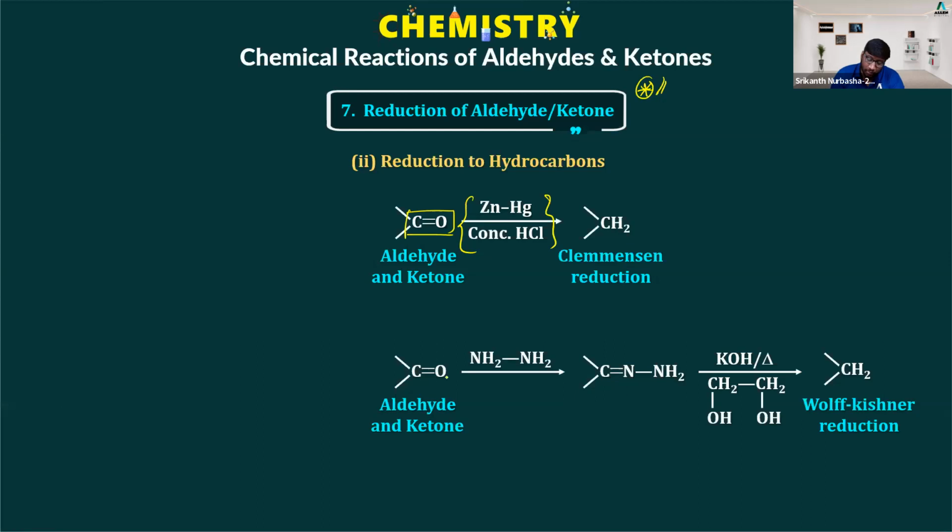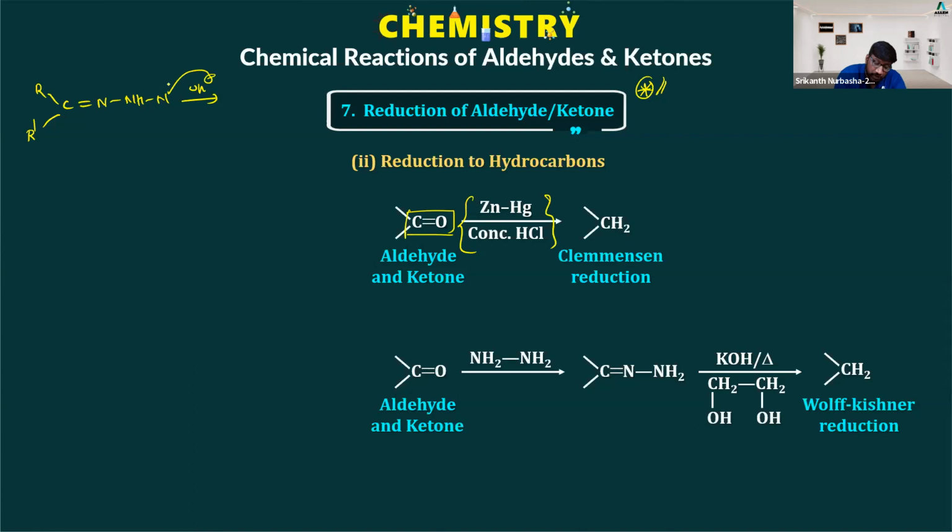We have R C=O R' converted to R C=N NH2 R'. This Wolff-Kishner reduction first is a reaction of an aldehyde or ketone with ammonia derivatives. We form the respective hydrazine, the hydrazone. From this hydrazone, with base upon heating in ethylene glycol, base will try to pick up the proton.